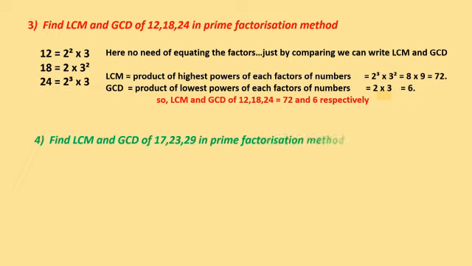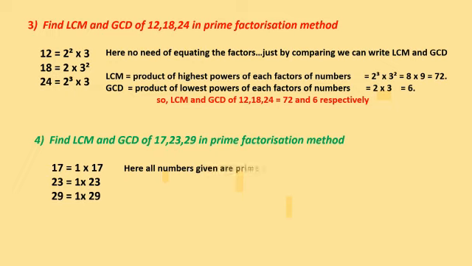Here you observe the numbers have a special property. 17 can be written as 1 into 17, 23 is 1 into 23 and 29 is factorized as 1 into 29 only, because all these numbers are prime numbers. So they have only two factors, 1 and itself.